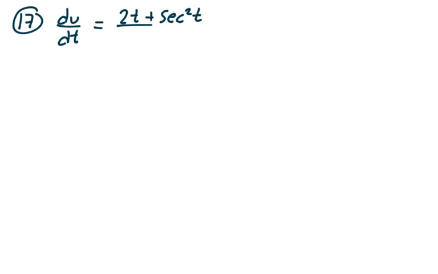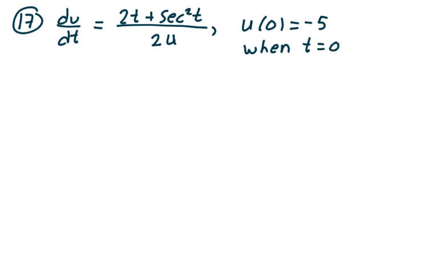Let's take a look at problem 17. Suppose we have du/dt is equal to 2t plus secant squared t divided by 2u. And my initial condition says u of 0 is negative 5, which means when t is 0, u is negative 5.